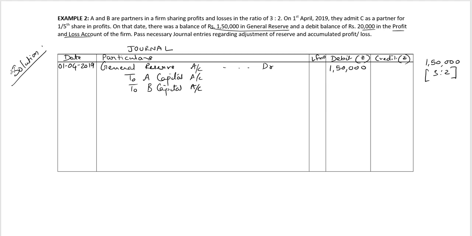It's 3:2 in this sum. We have 90,000 against partner A and 60,000 rupees against partner B. Narration being general reserve distributed.